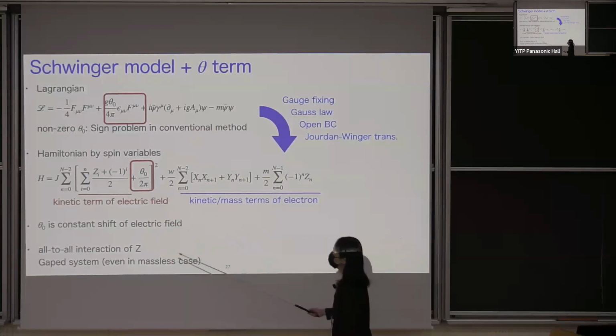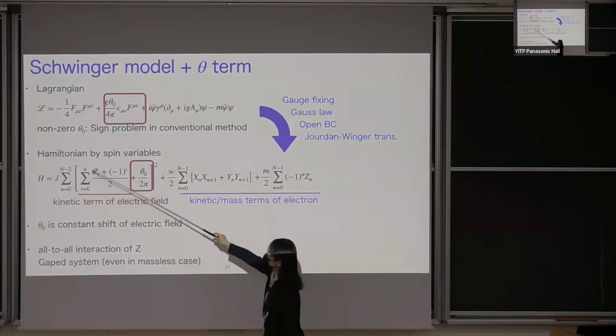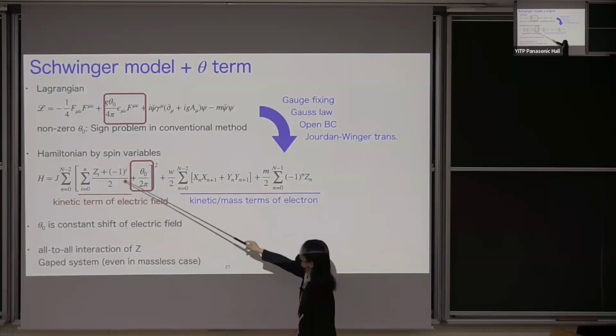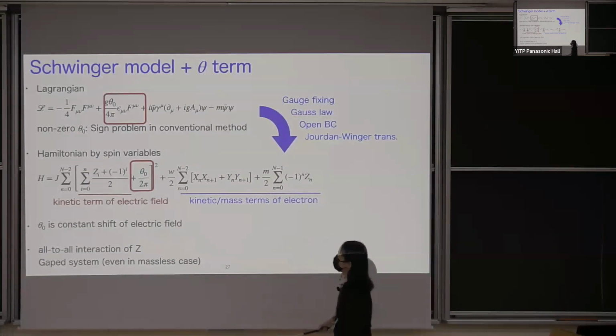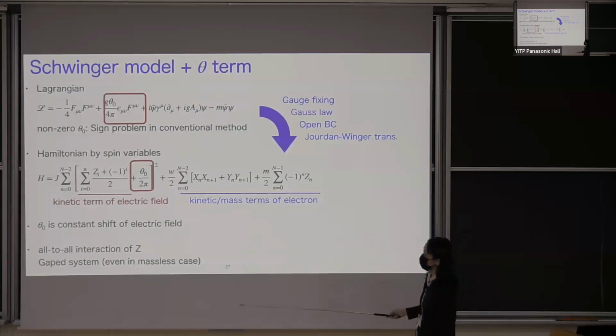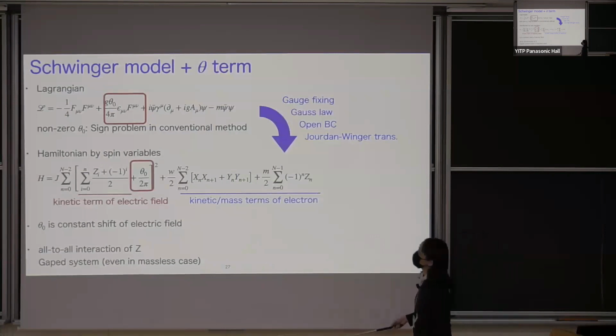Some condensed matter theorists worry about this term. Actually, this term is an all-to-all interaction. But practically, we can implement this Hamiltonian and perform quantum computation and tensor network simulation.